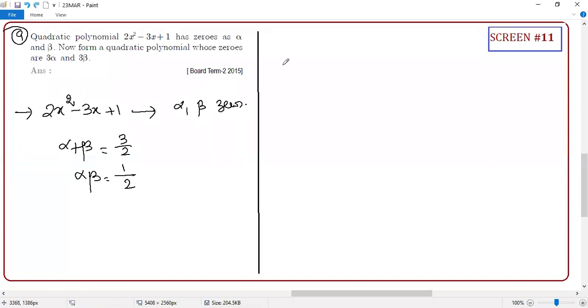So what is the sum using the new zeros? 3 alpha plus 3 beta. Take 3 as common: 3 into alpha plus beta.